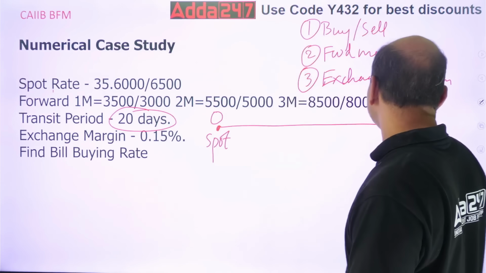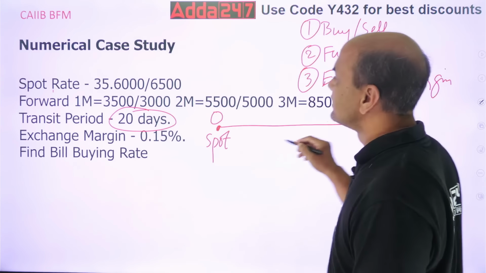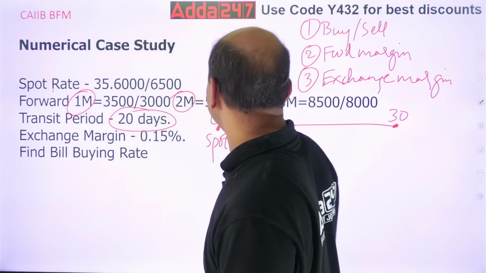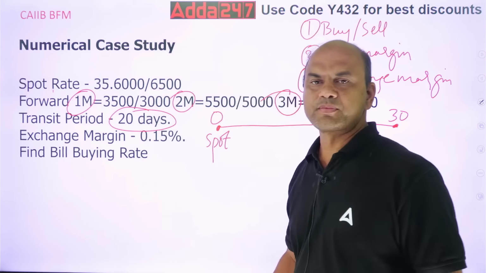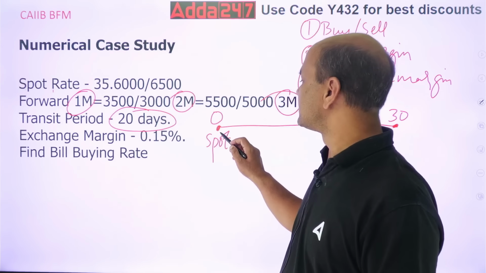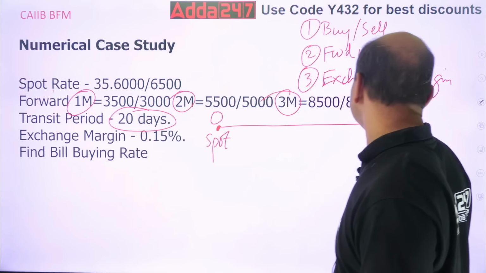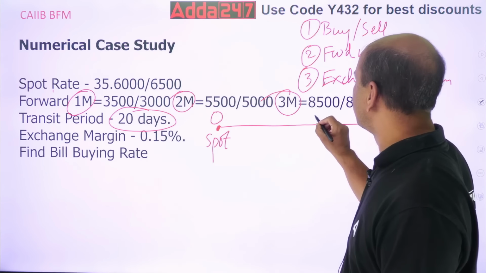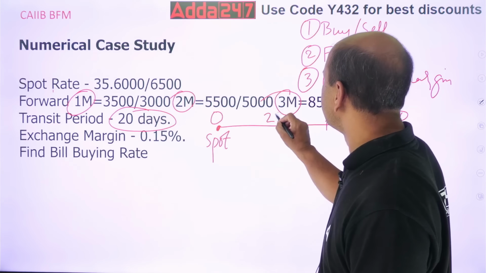Why 30? Because we are focusing on 1 month. Month means 30 days, so we are focusing on 0 to 30 days, 1 month. I'll lie somewhere over here, at 20 days.